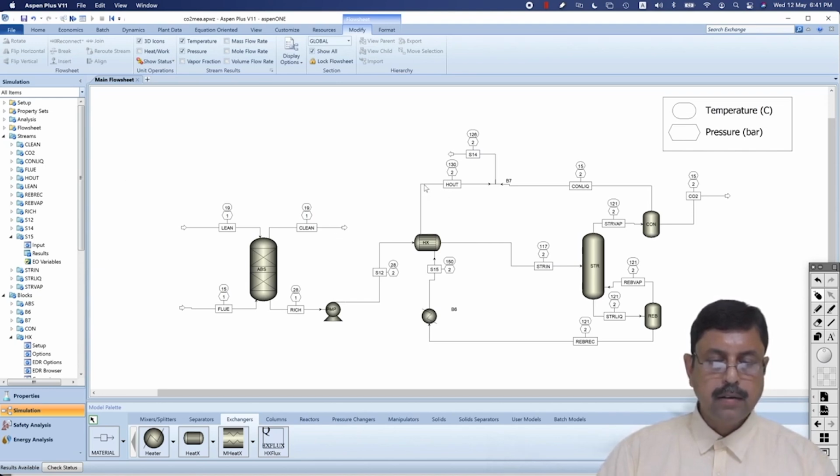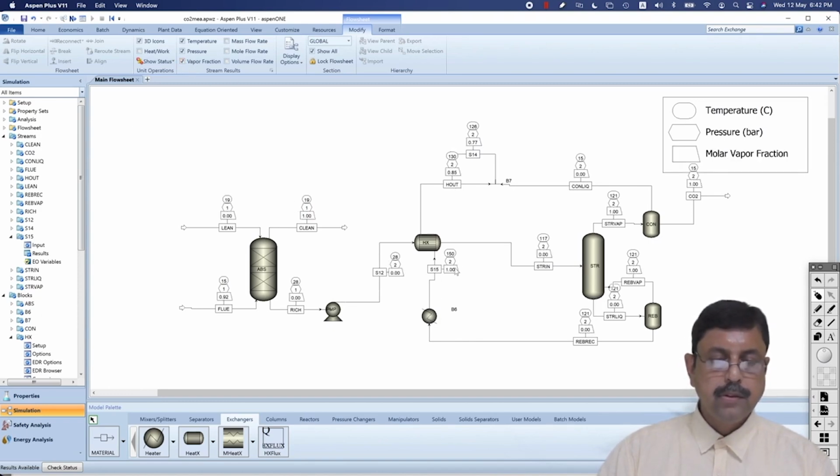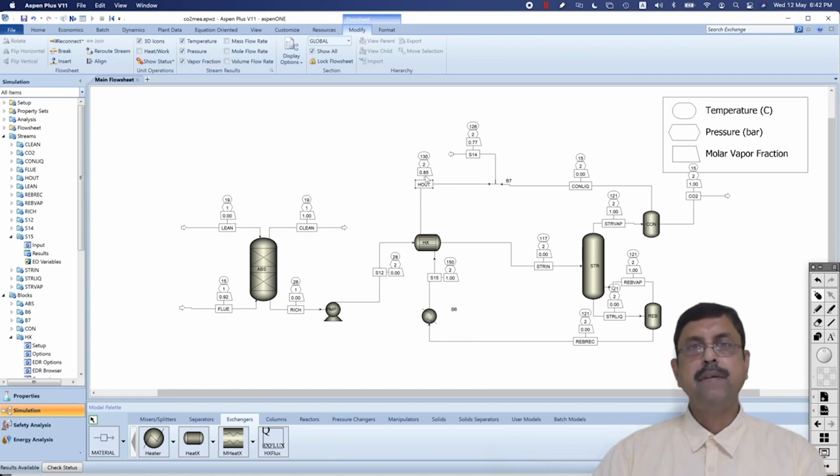Now we will look at the condition. Here, if you check the vapor fraction, this is completely 1. Okay, and here at the heat exchanger output, we have vapor fraction 0.85.